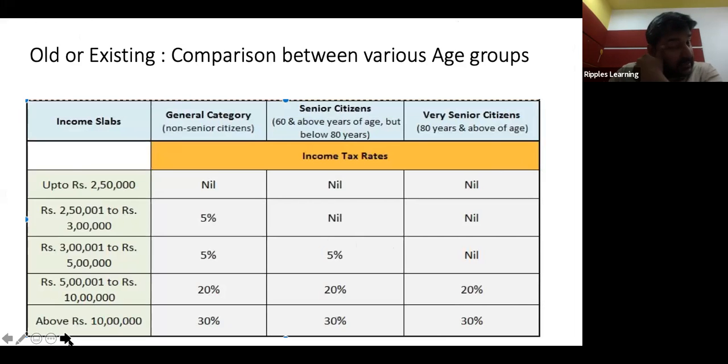So this is the old or existing tax regime. Remember, people less than 60, 0 to 2.5 is nil; 60 to 80, 0 to 3 is nil; 80 and above, 0 to 5 is nil. Rest everything remains the same. If your earning is from 3 to 5 lakh, it remains 5%. For super seniors earning between 5 to 10 lakh, it's 20%, and the same all across. Is it clear?